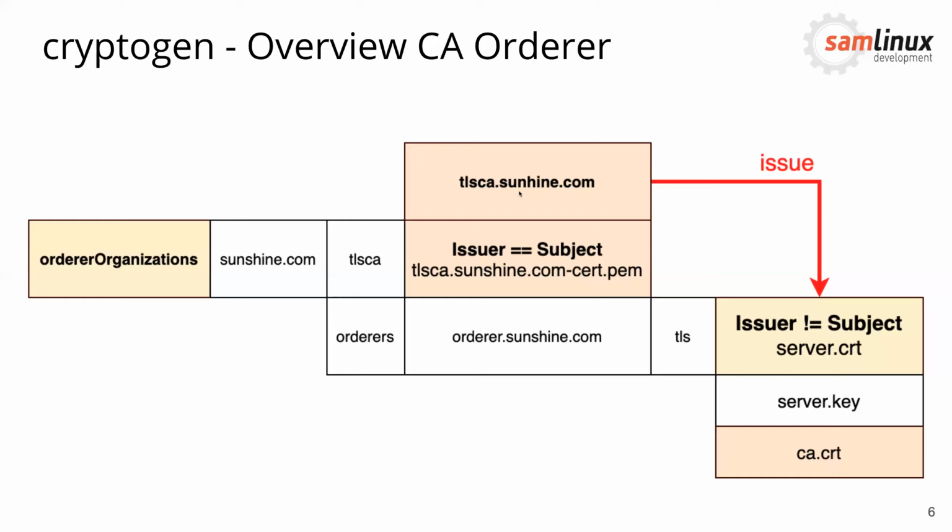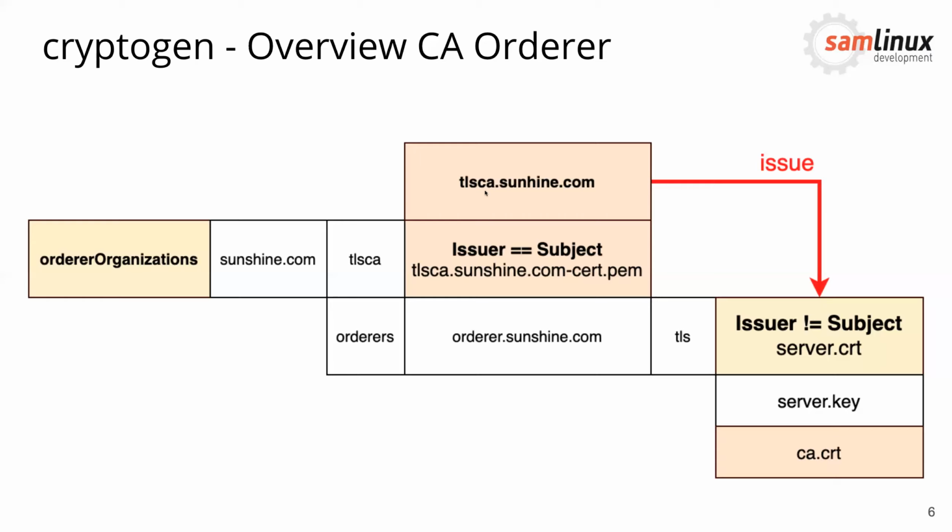Yeah, so we will see the same system in the peer structure. And as you know, we have two peers, a peer 1 and a peer 0. And that's basically the same. But important here is that cryptogen simulates certificate authorities and creates a TLS certificate authority for our system.